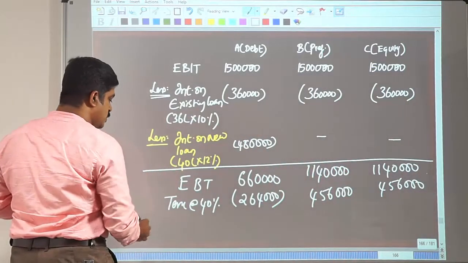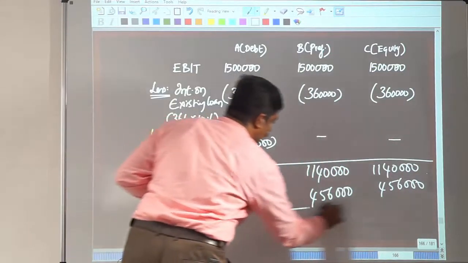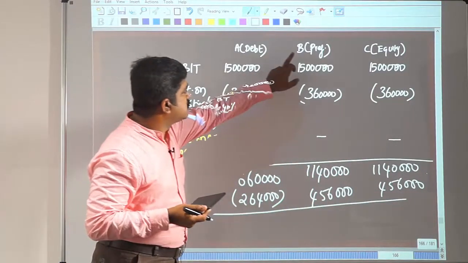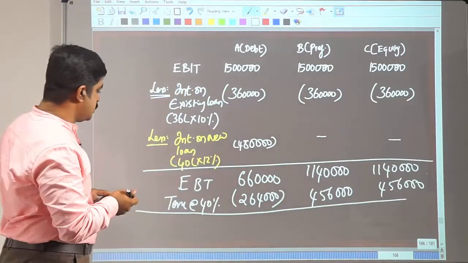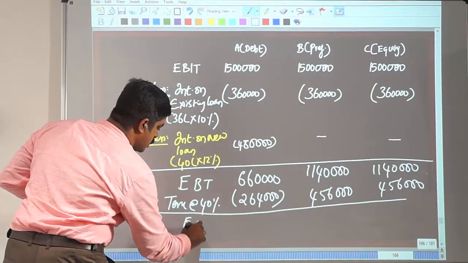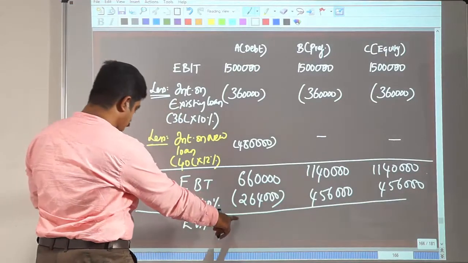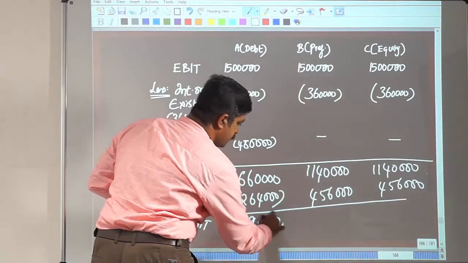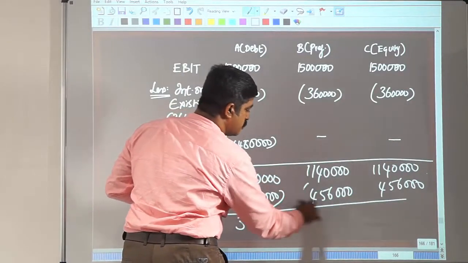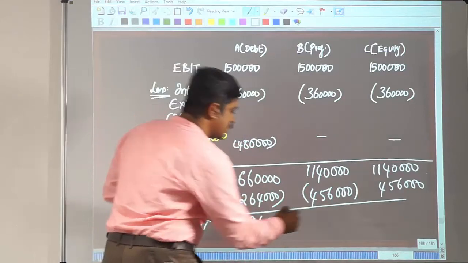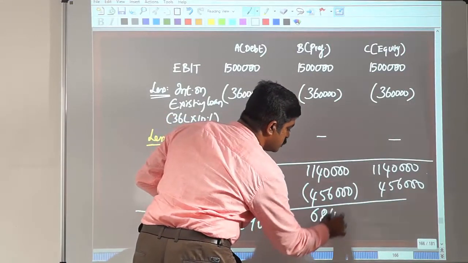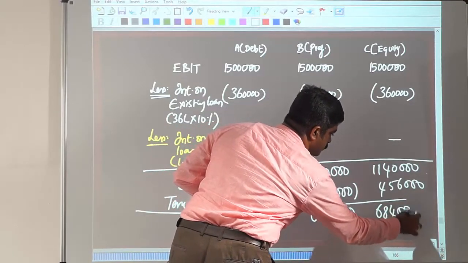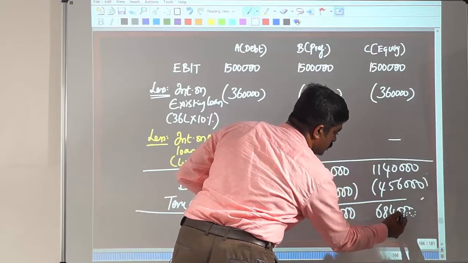So now if I remove this, I'll get earnings after tax, but that's not the earnings available for equity shareholders, because there is a preference stock that will carry preference dividend. So earnings after tax, 6,60,000 minus 2,64,000, is going to be 3,96,000. Here 11,40,000 minus 4,56,000, how much is that? 6,84,000, and same 6,84,000.